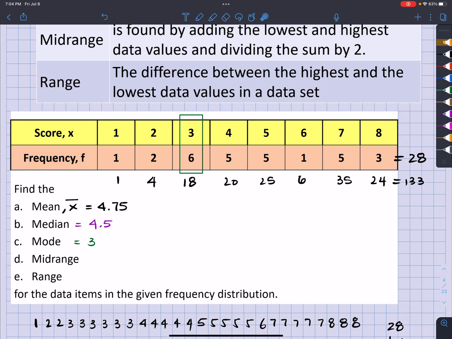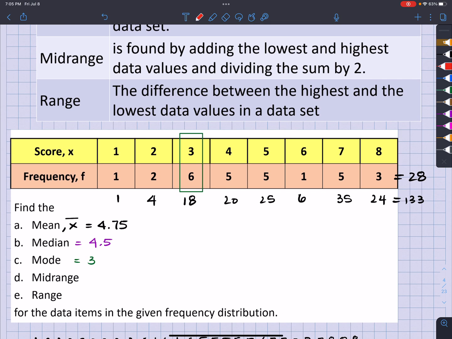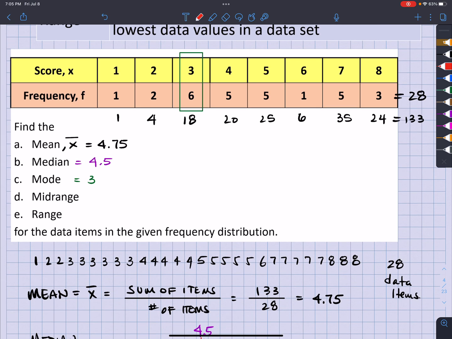So I want to take the lowest and the highest data, which is 1 plus 8, and divide it by 2. So what does that give me? 1 plus 8 is 9, divided by 2. So that's going to equal 4.5.